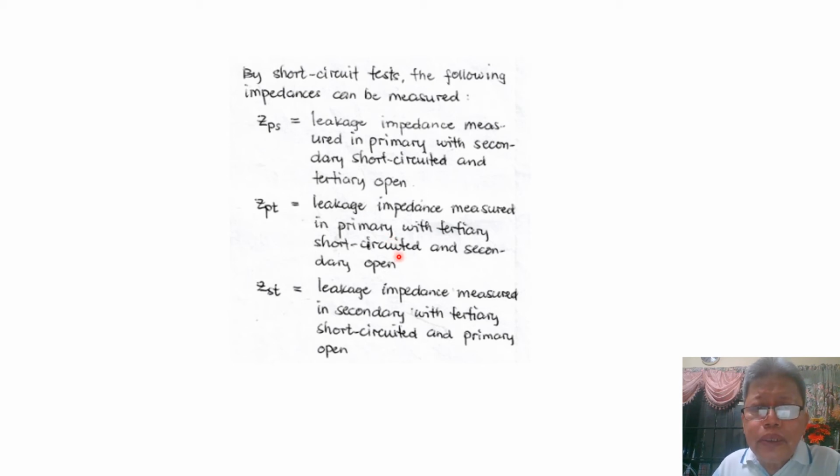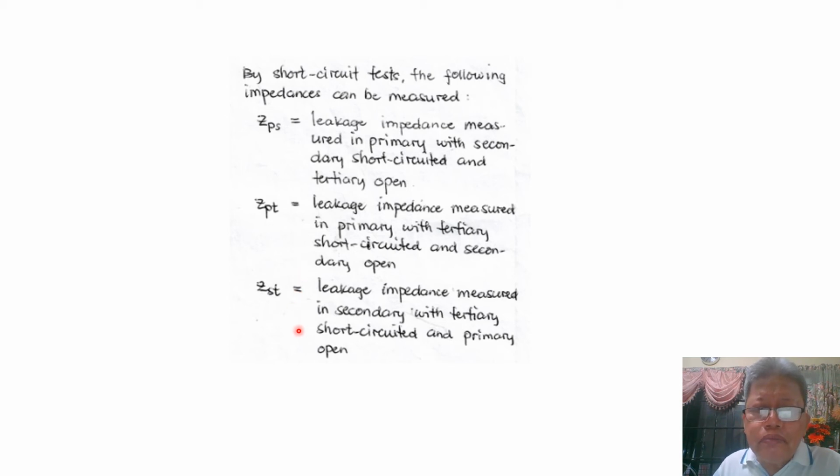Now another short circuit test shall be conducted by opening the secondary winding while short circuiting the tertiary winding, and again the measurements of the voltage and short circuit currents will be at the primary. So the equivalent impedance that we obtain here is ZPT, the equivalent impedance between the primary and the tertiary.